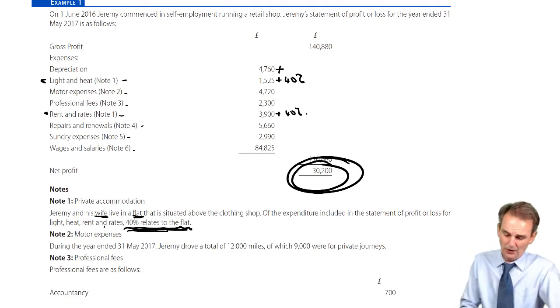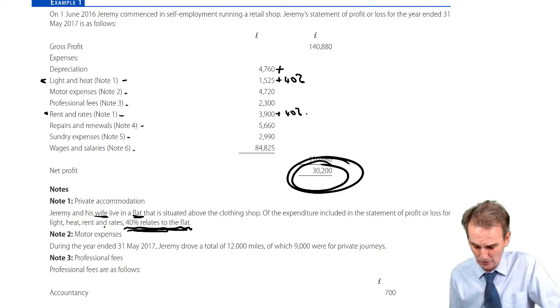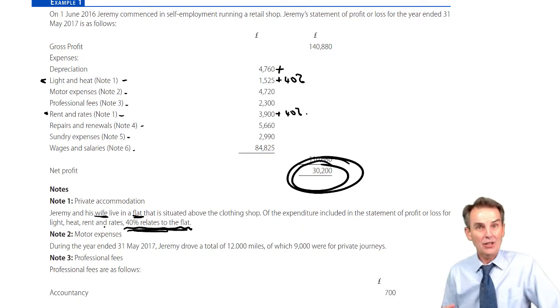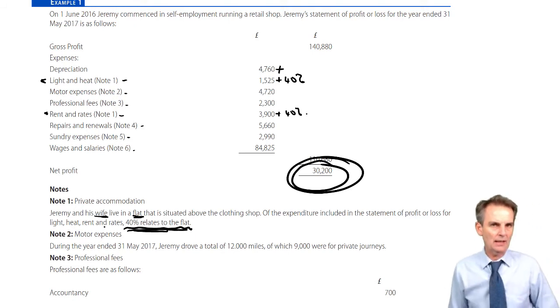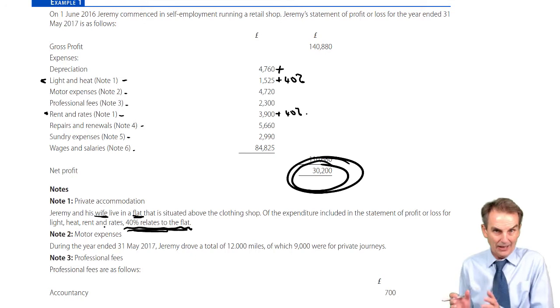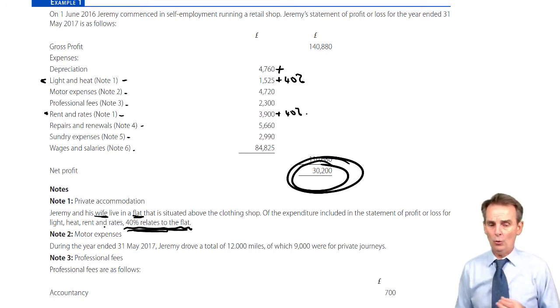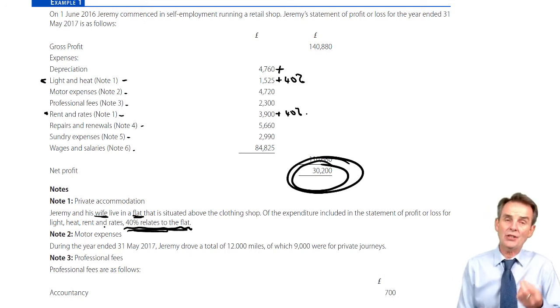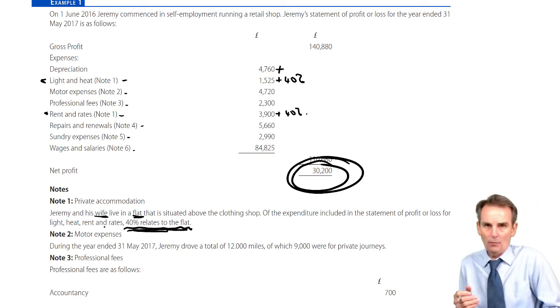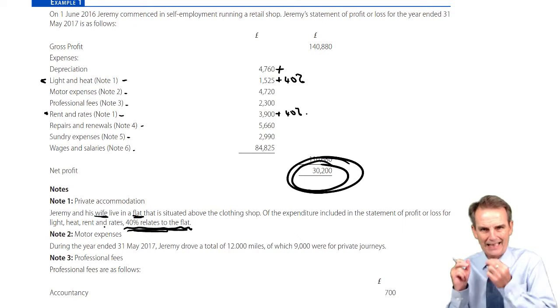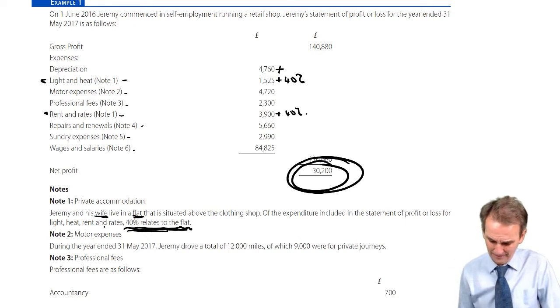If they told us that 60% was for the shop, again, same adjustment, add back 40%, because 40% would be the private use. Check out which figure they're giving you. Is it the private use? That's the bit you disallow, you add back. Or if they give you the business use, that's the allowable part. If the allowable part was 60%, the disallowable private element is 40%. That's the bit you add back.